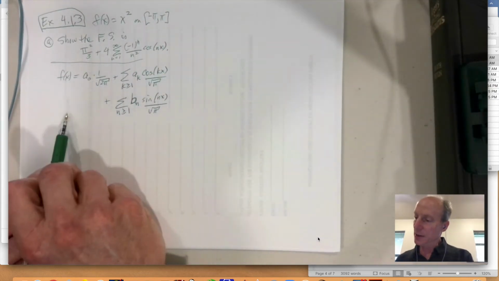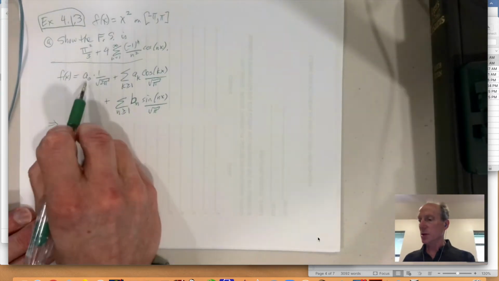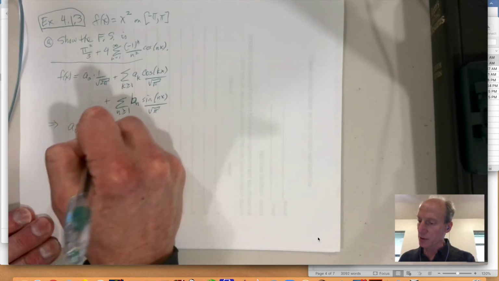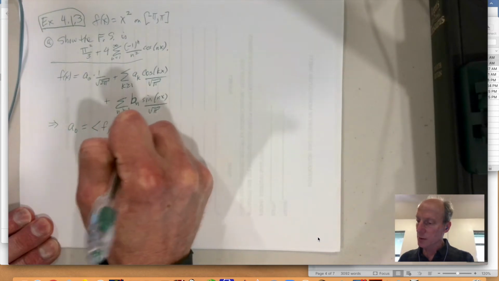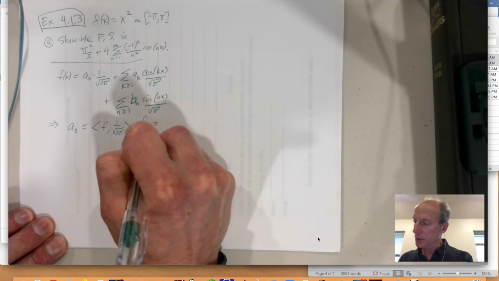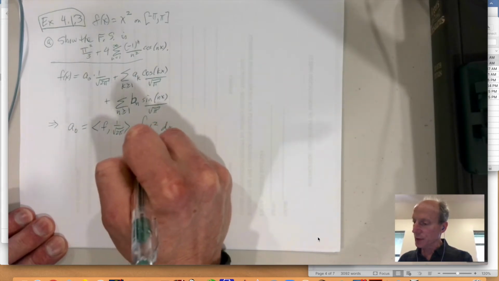So we can now compute these coefficients, and all you do is take the inner product with itself. In other words, A0 is the inner product of f with 1 over square root of 2 pi. So that's the integral of x squared dx over square root of 2 pi from negative pi to pi.